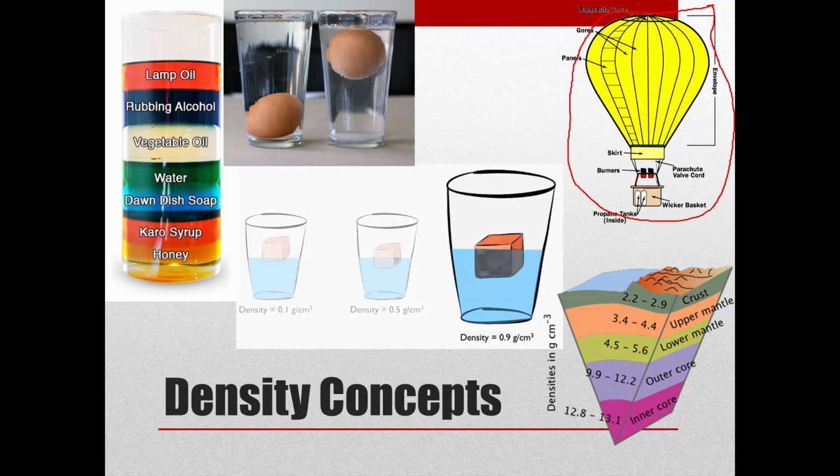The reason for that is if you think about the kinetic molecular theory, if you think about the tiny little molecules of air, every time you heat them up using those burners in that balloon, the molecules start moving faster. They get farther apart from each other, and because they're farther apart from each other, they're less dense.